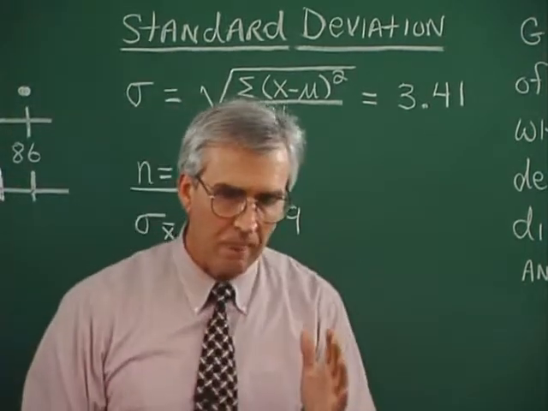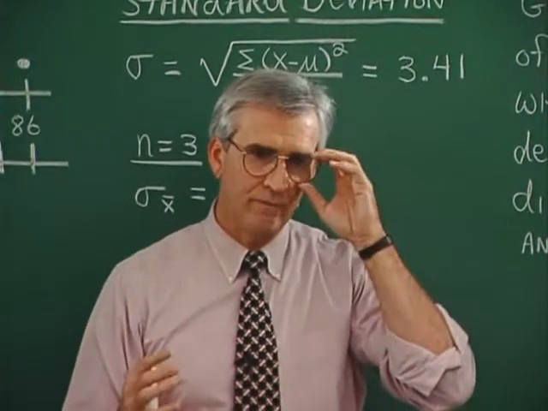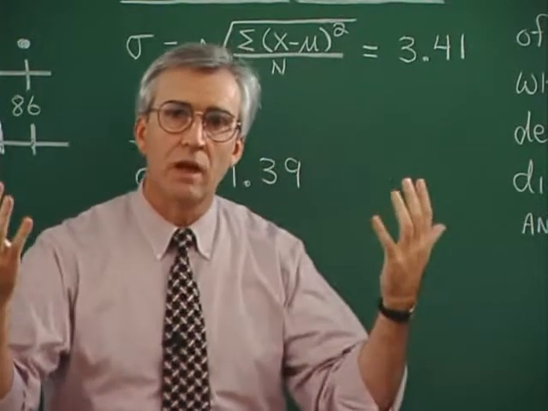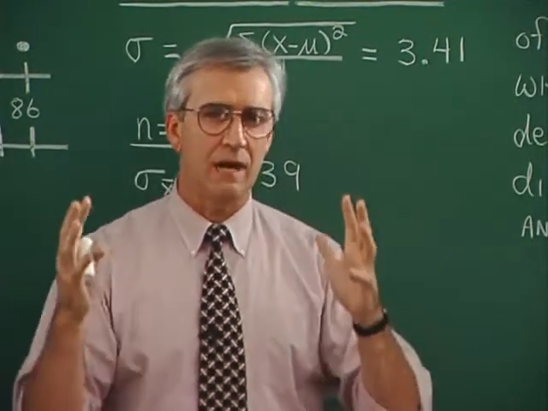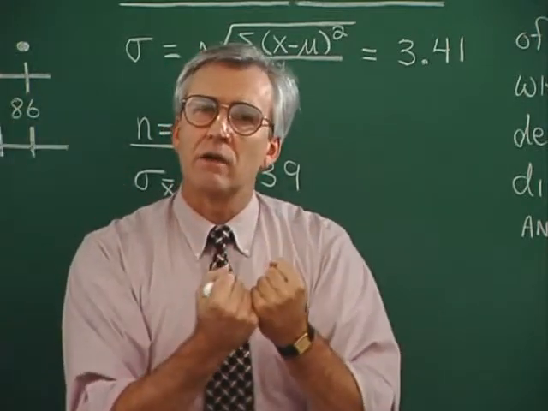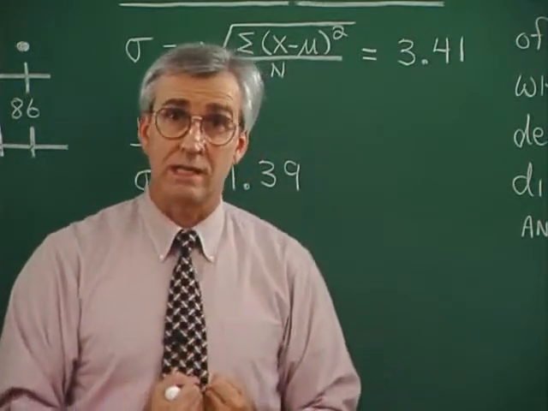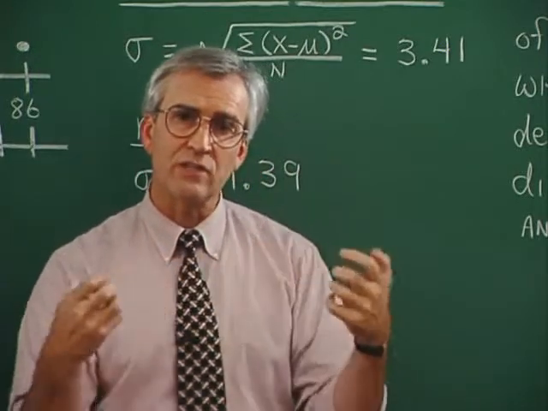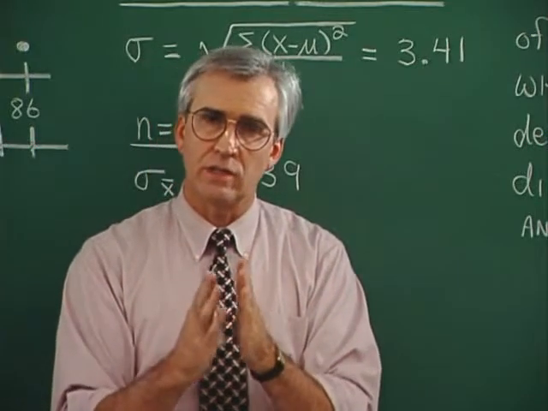Now, one idea is the notion that an x-bar distribution, a distribution of sample means, is by a prescriptive amount, an amount that we're going to calculate in just a minute, smaller than the standard deviation of the population. And the other important idea is that as the sample size increases, that standard deviation decreases.